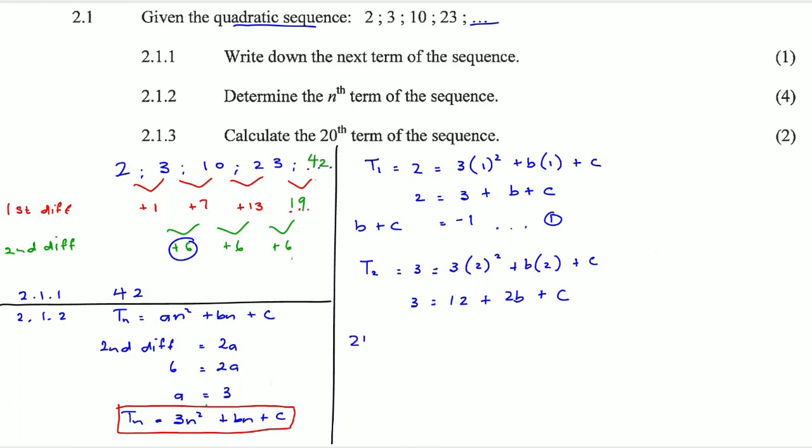Writing 2b plus c on the left is equal to 3 minus 12, which is minus 9. And we'll call this equation 2.